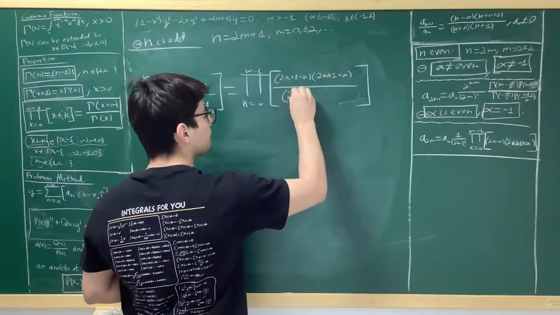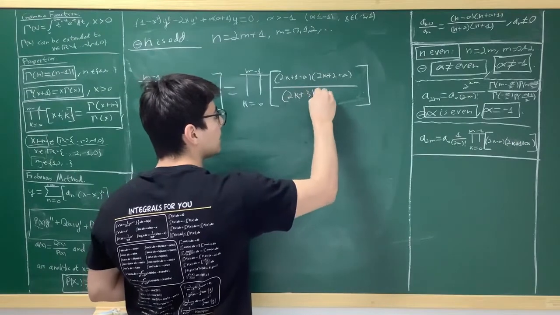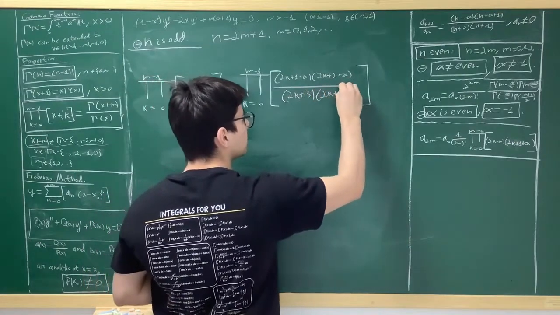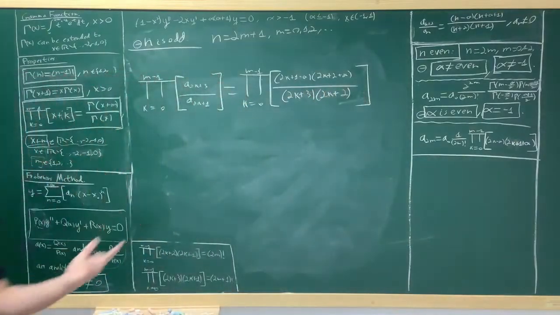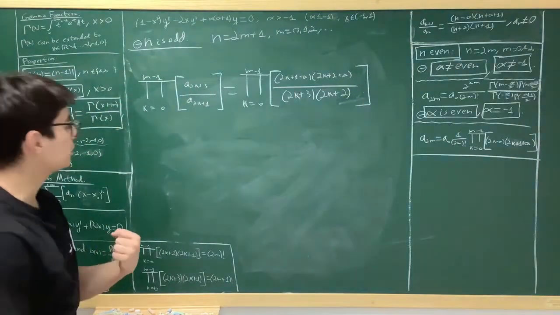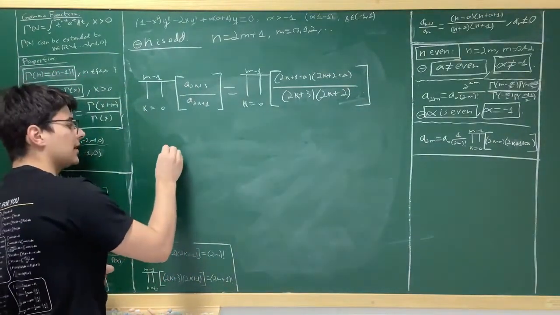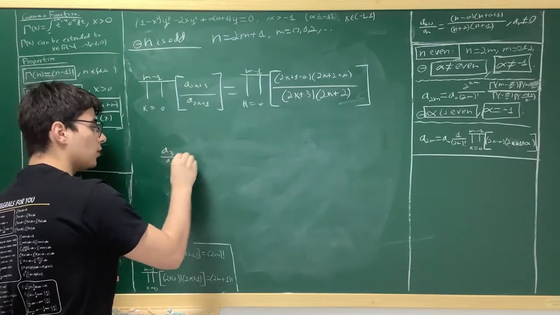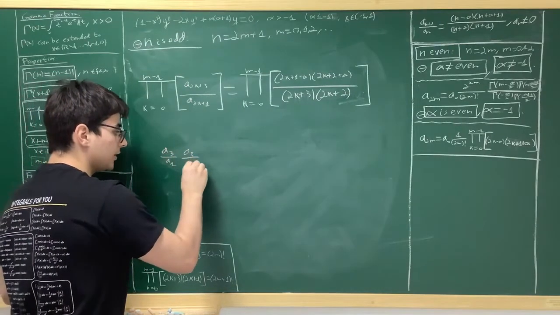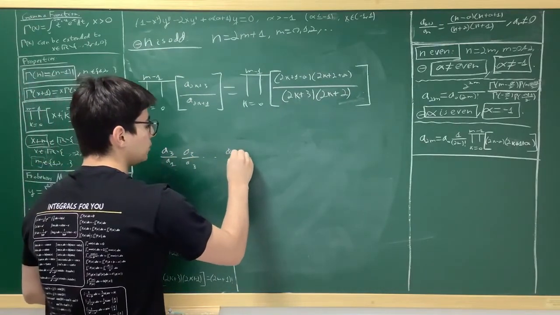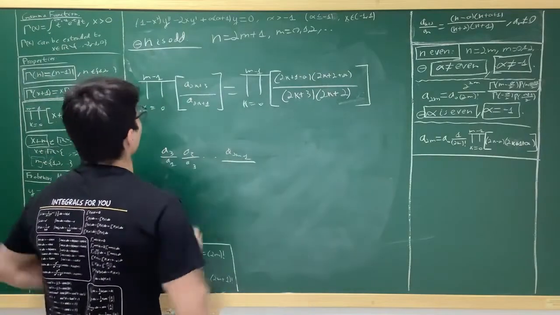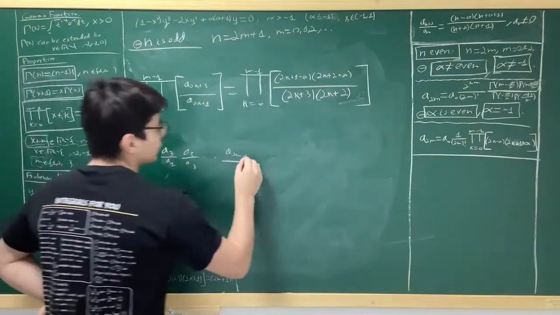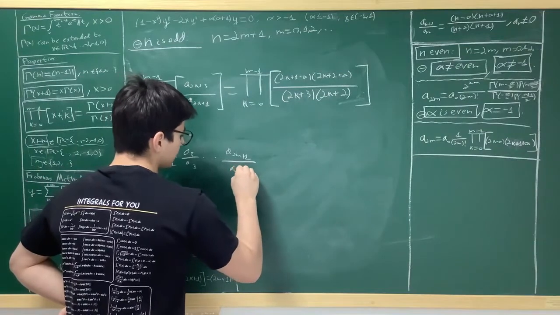What do we have? Another telescoping product. Let's just write it real fast. A3, A1, A5, A3, and so on, up to A_{2m+1} over A_{2m-1}.